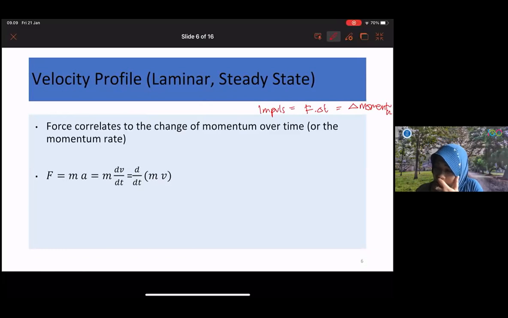So the force correlates to the rate of change of momentum over time.